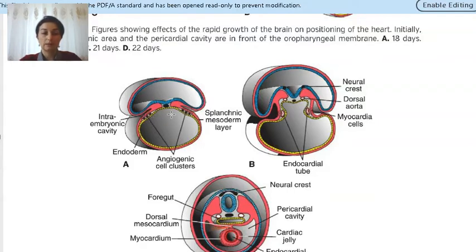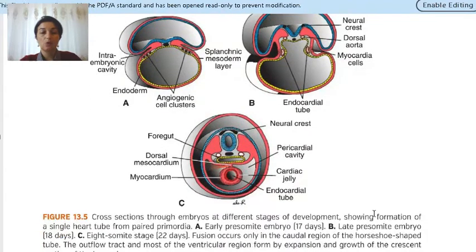Then, as a result of lateral folding of the embryo, these two endocardial tubes will move toward each other, and finally they will fuse, and we will have one heart tube that includes the endocardial tube. These tubes fuse mainly in the central region, and the most caudal region of the tube will not fuse.